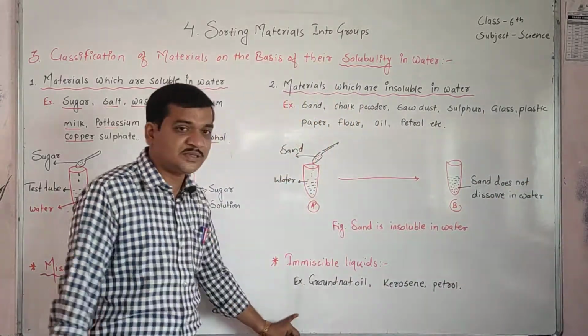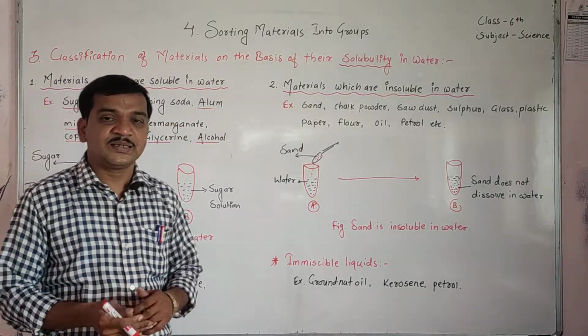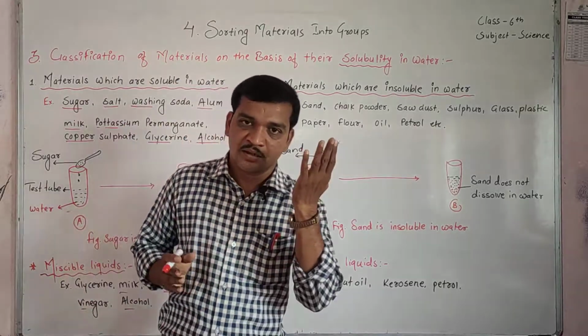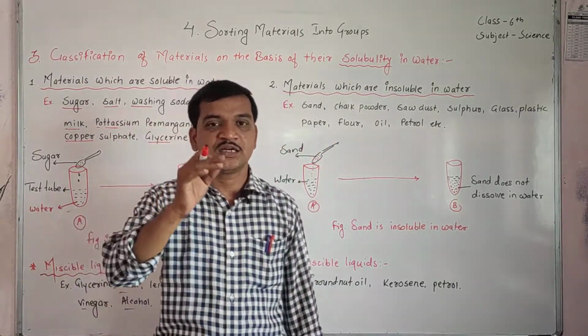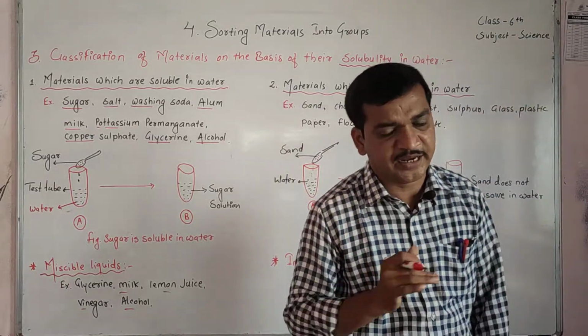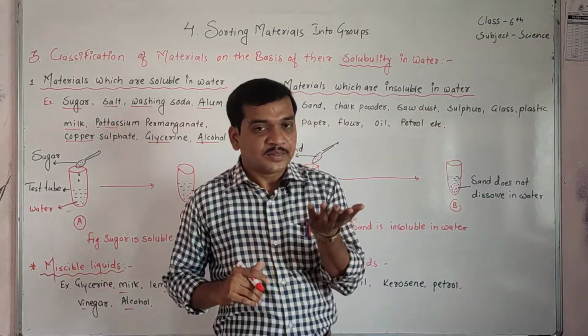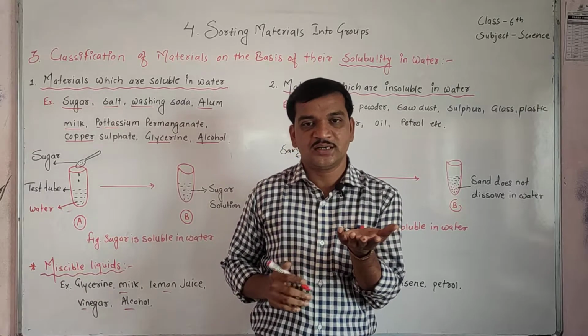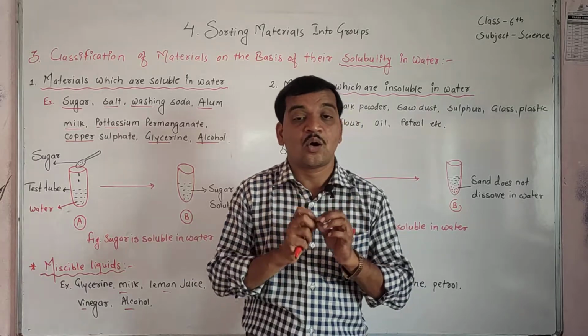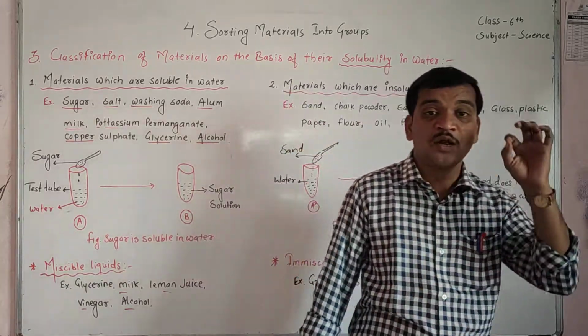Now immiscible means some liquids are insoluble in water. For example, water and groundnut oil. You can take any oil: groundnut, mustard, any oil. Take half a test tube of water and pour the oil in it. What will happen, students? The oil does not mix in water.